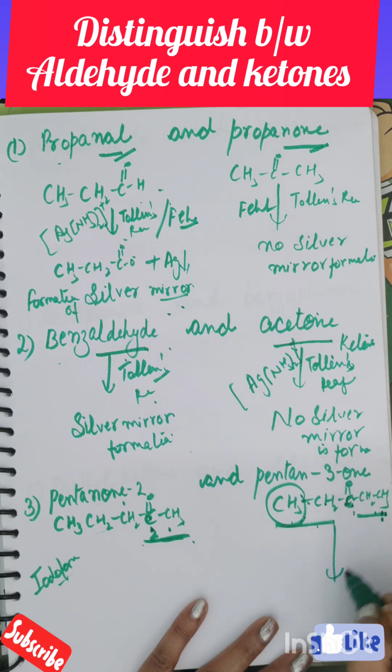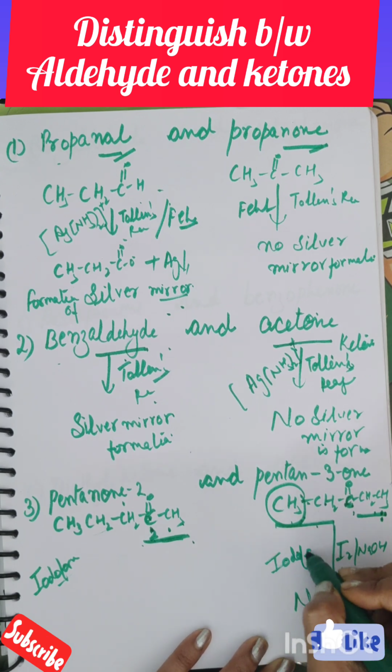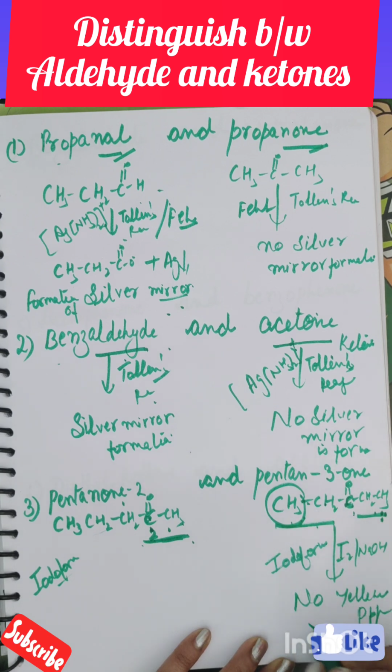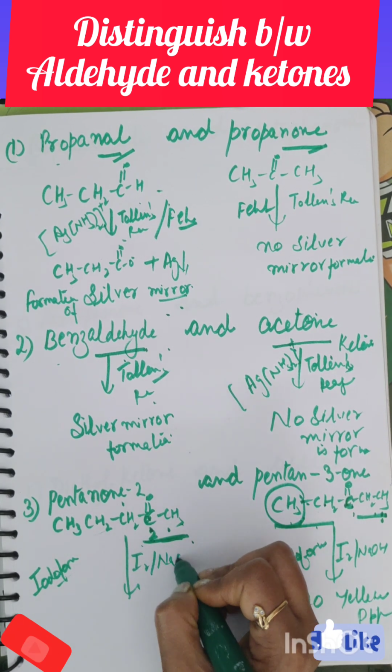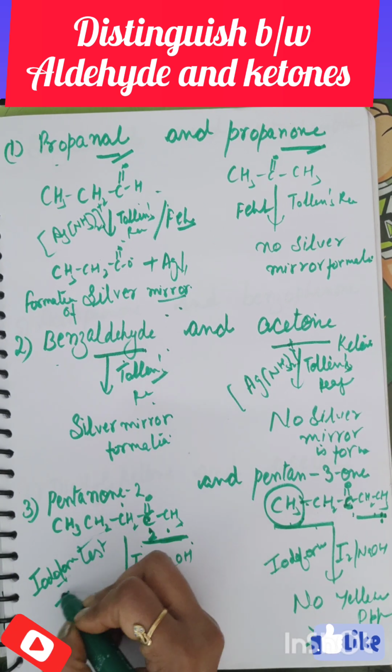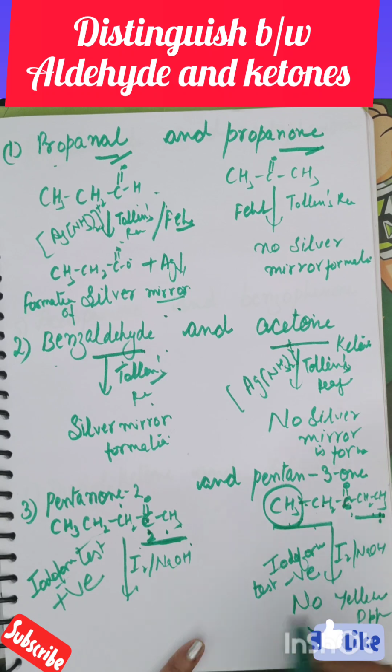So it will not give the iodoform test. With I2 NaOH, no yellow precipitates, iodoform test absent. But in this case, with I2 NaOH the iodoform test is positive. Here the iodoform test is negative.